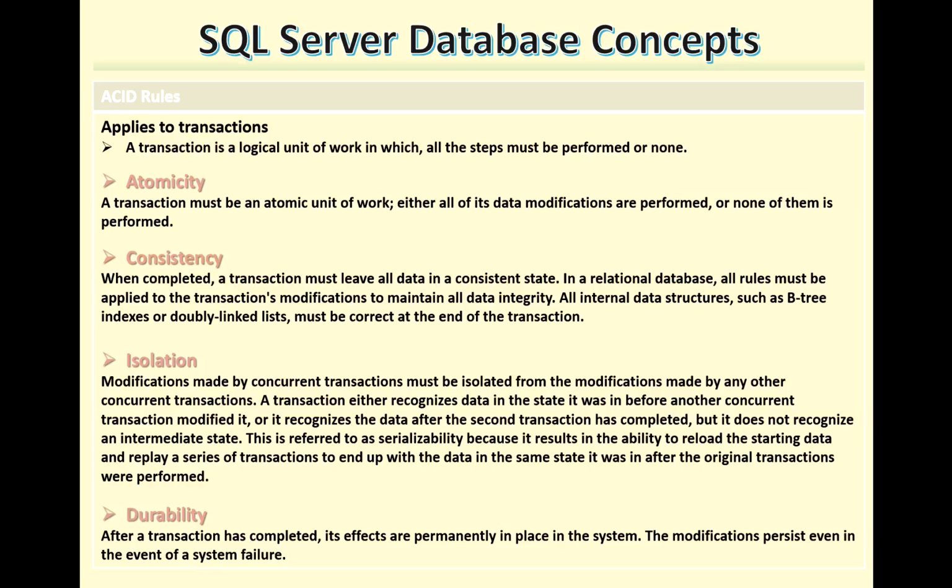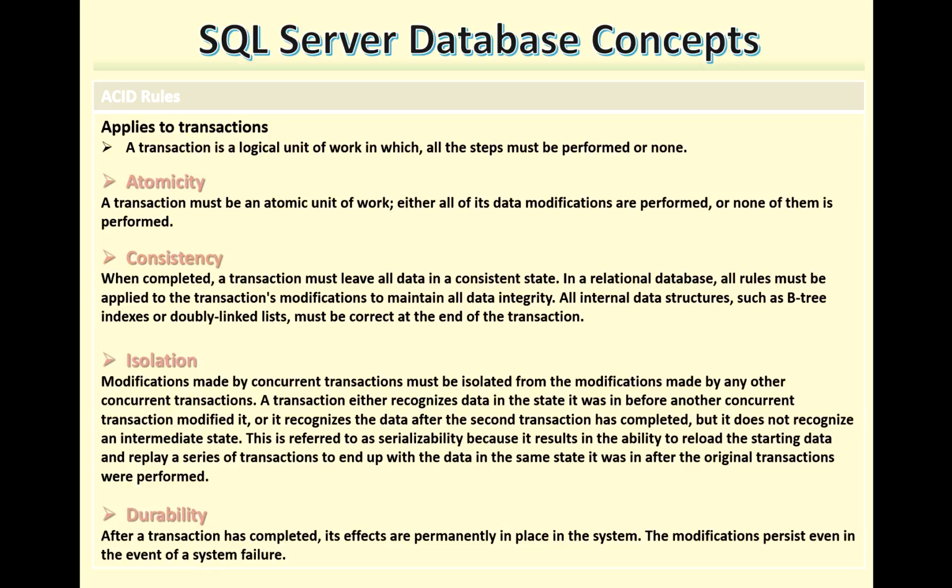A stands for atomicity. Atomicity means a transaction must be an atomic unit of work. Either all of its data should be modified or none. That means if you are updating an order, let's say you placed an order and you are updating the order quantity, all of the information should be updated, or none.